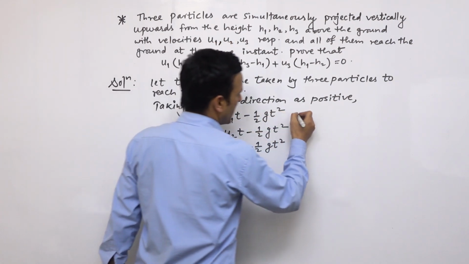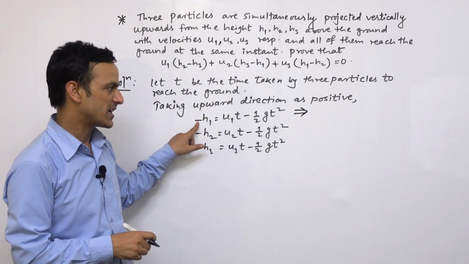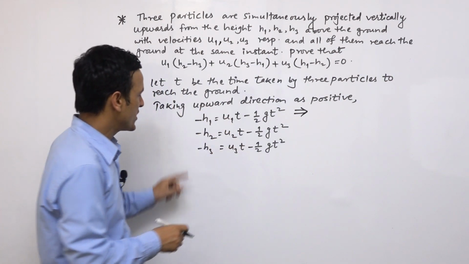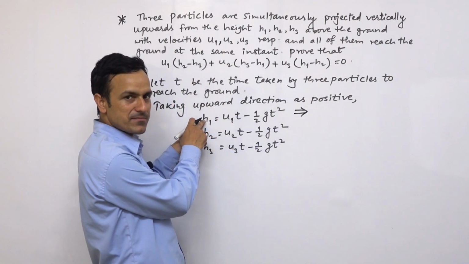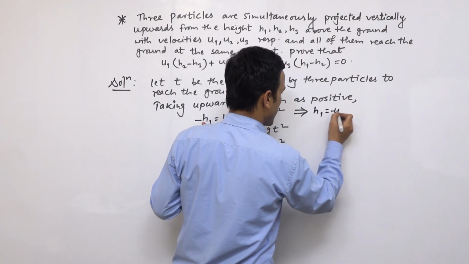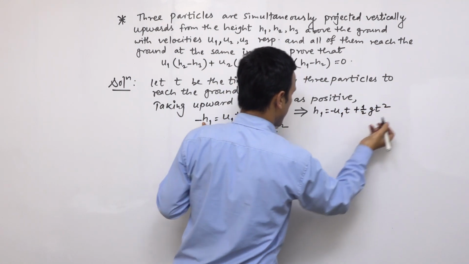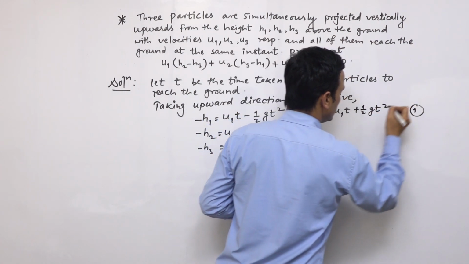Now we can remove this minus from every equation. If you remove this minus from the first equation, it will be h1 is equal to minus u1t plus half gt square. It is equation 1.